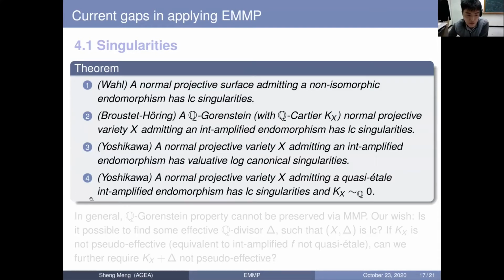Here are some known results. I just skipped the reason why for the surface case we can run EMMP, because it is not easy to run MMP for a normal projective surface. However, we'll show that if it admits a non-isomorphic endomorphism, it automatically has log canonical singularities. And with this, we can run MMP.